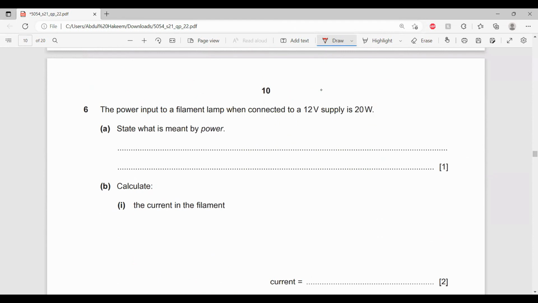Next, the power input to the filament when connected to a 12-volt supply is 20 watts. State what is meant by power. Power is equal to work divided by time, or energy divided by time. So we can write: the rate of work done is called power.